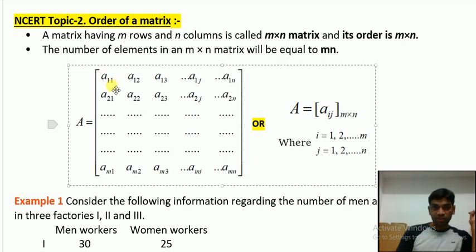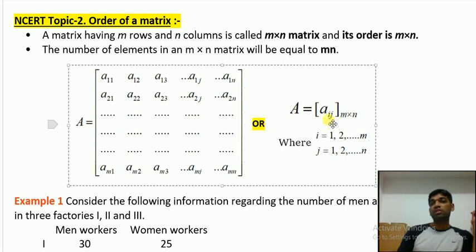As you can see, A11 is the Aij form. A equals Aij, where m cross n means the number of rows is m and the number of columns is n. Where i denotes the number of the row and j denotes the number of the column.